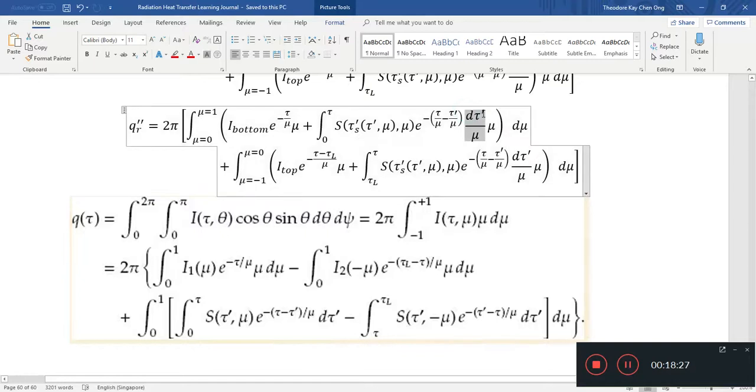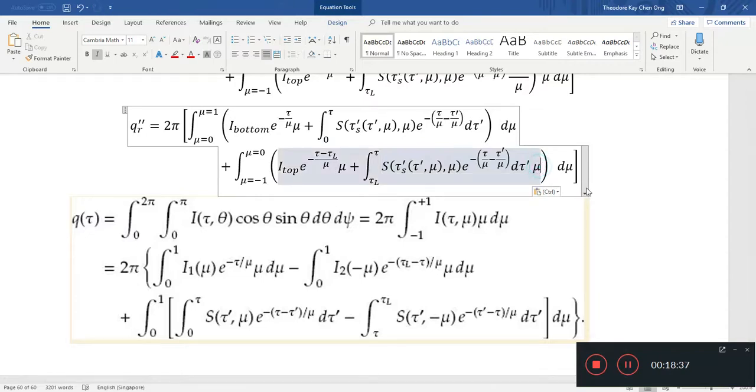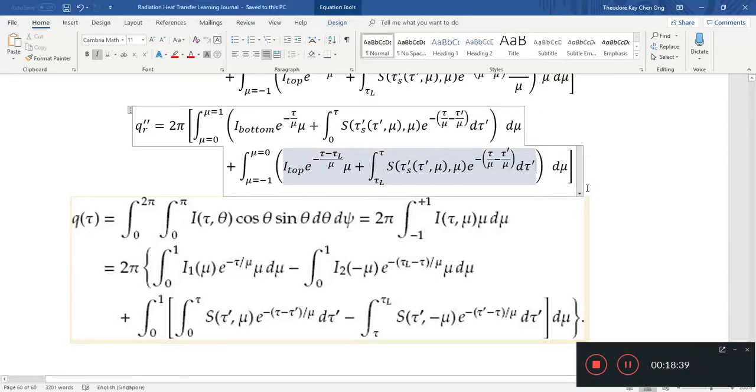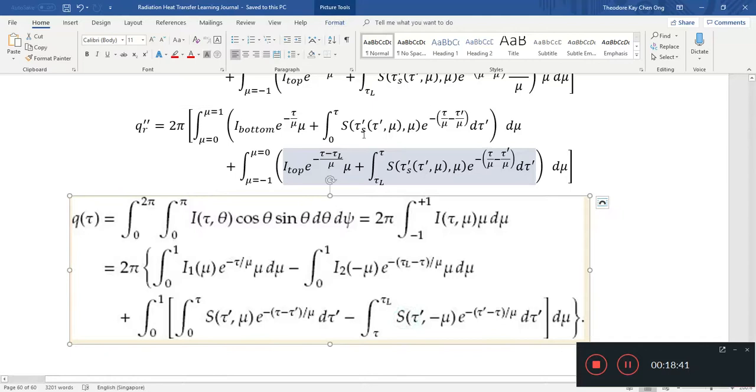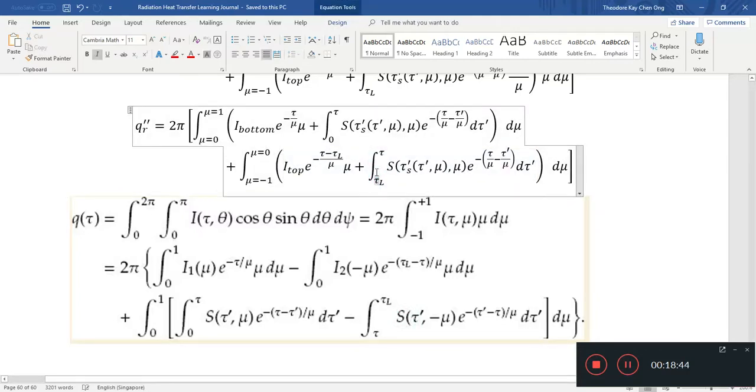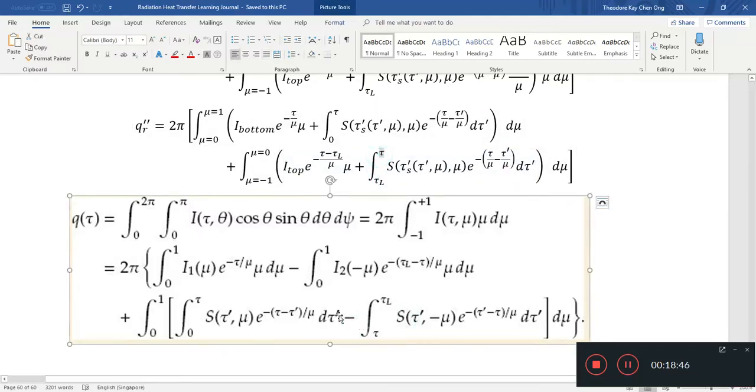I can get rid of the mu's, one less headache. And likewise, for the other term, we will have from tau L to tau, or we can just reverse and get a negative sign over here. And that will be it.